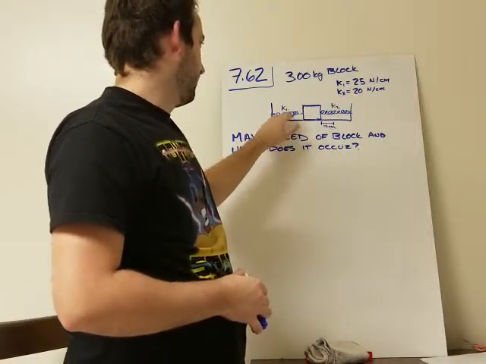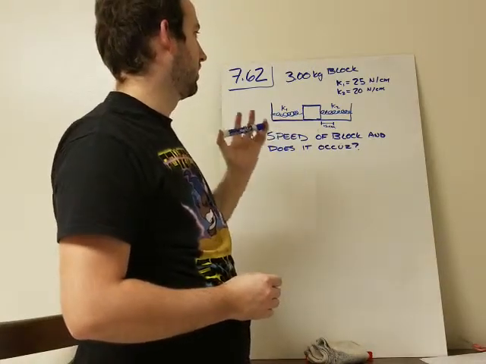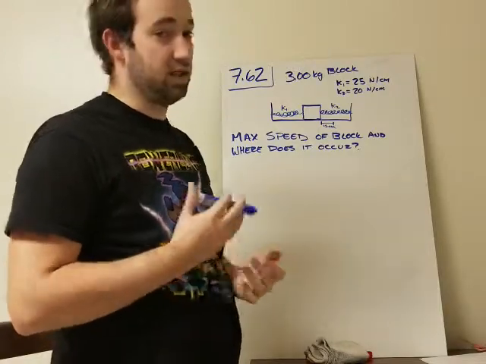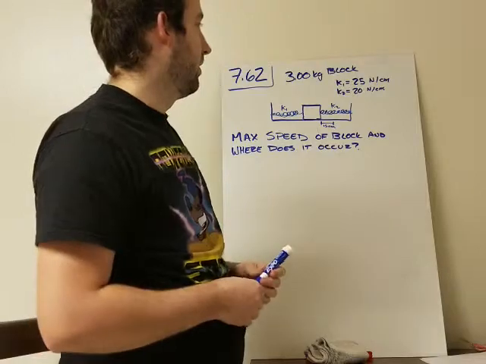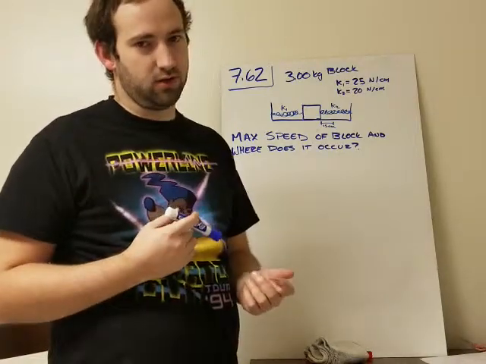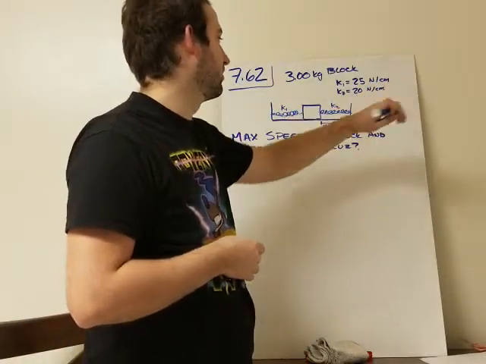We have a spring here and a spring here, and we're given the spring constants. The first one is 25 newtons per centimeter, and the second one is 20 newtons per centimeter. And then we know the mass of the block, which is 3 kilograms. Now, notice that the spring constants are in centimeters.